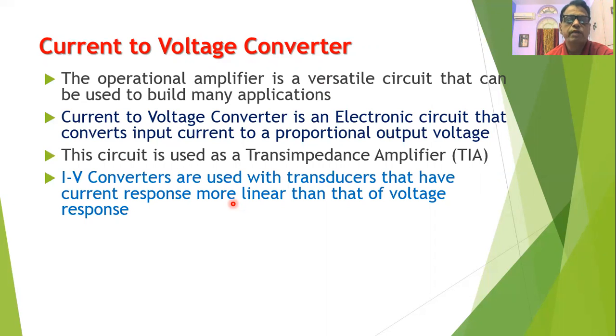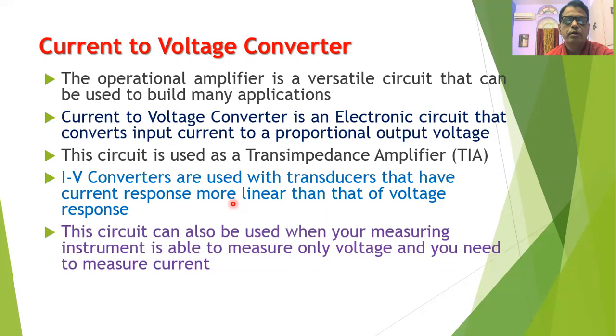In such a case, we can make use of IV converter. This circuit can also be used when your measuring instrument is able to measure only voltage and you need to measure the current. So in such measuring instruments, it is necessary to make use of current to voltage converter.